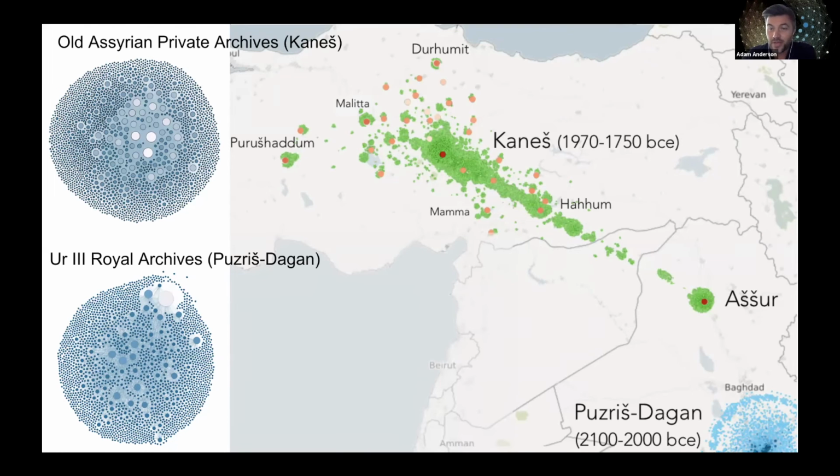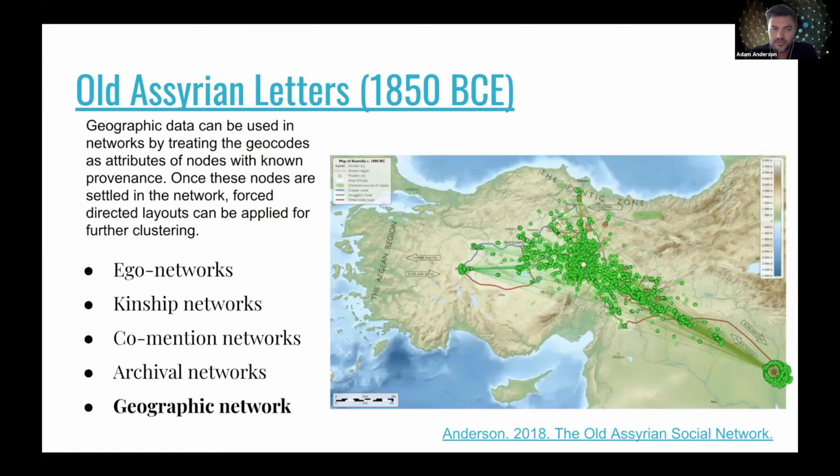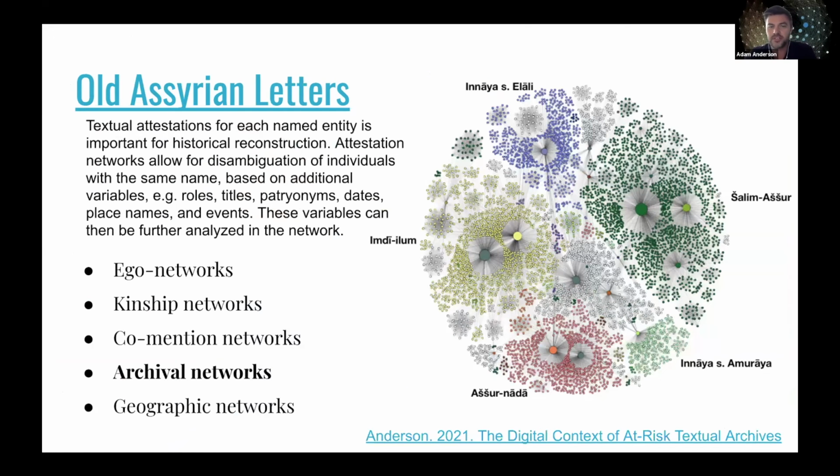But you can see that by getting a big picture of what's happening, that is actually possible. And so these geographic networks, archival networks, looking at how private archives are divided and what is found in the recesses between known archives are sometimes unknown archives.